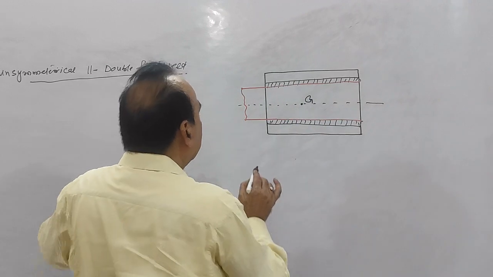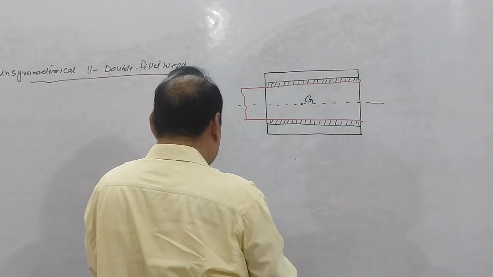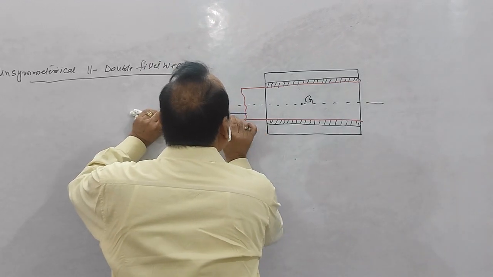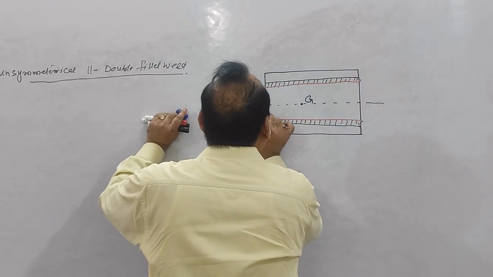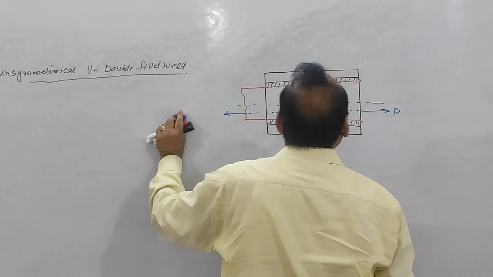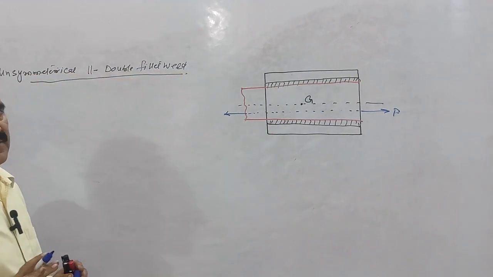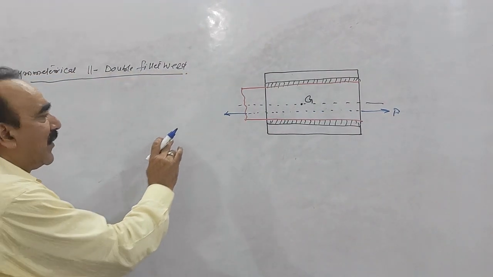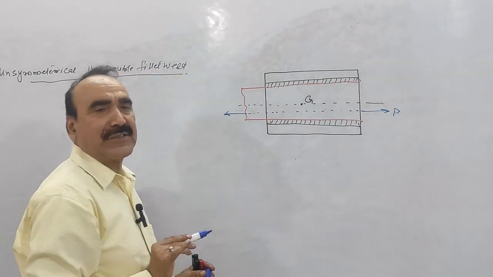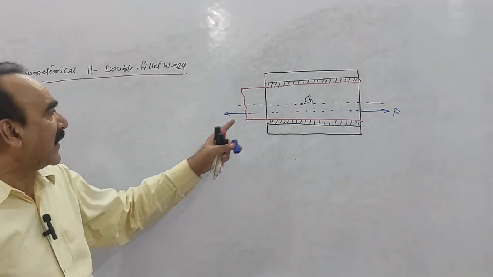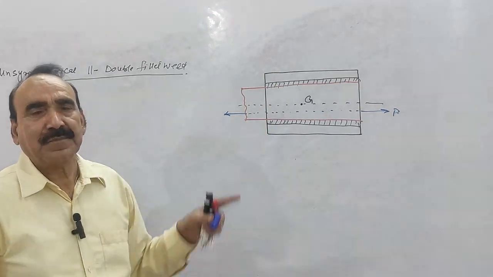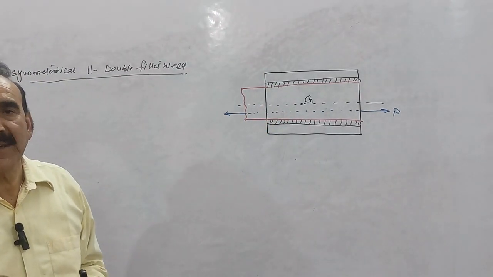So here, this is your force P, and this is the line of action of the force P. Here you have seen that the line of action of the force P is not exactly passing through the centroid of the plate; it is passing below the centroid, at some distance from the bottom of the plate.